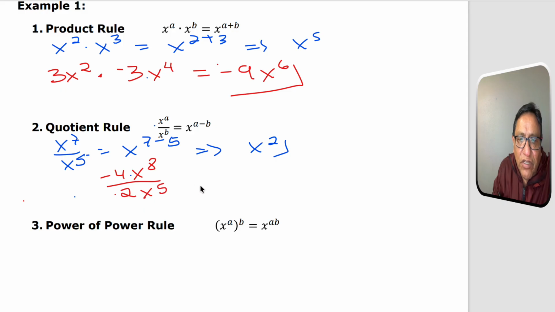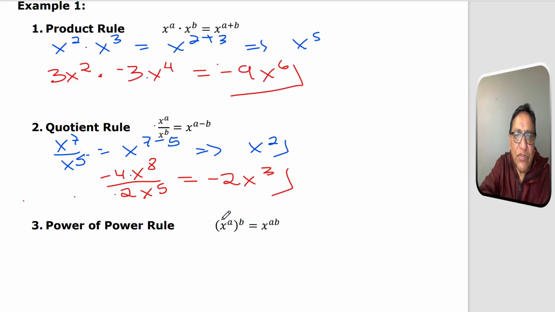So you divide the coefficients: negative 4 divided by 2 will be negative 2, correct? And x will be to the power 8 minus 5, which is 3, so that will be the solution.